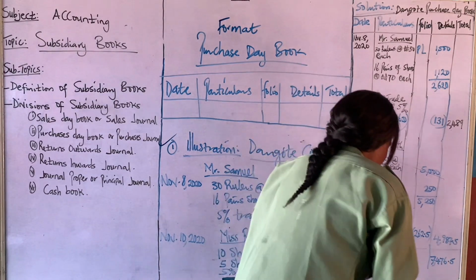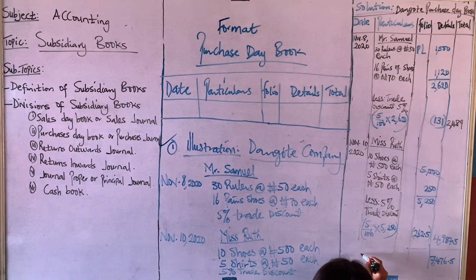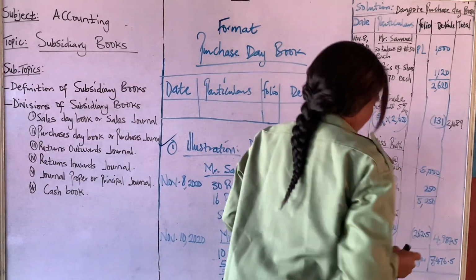So you come here, transferred to ledger account. And remember, it will be on the debit side of the purchase account.